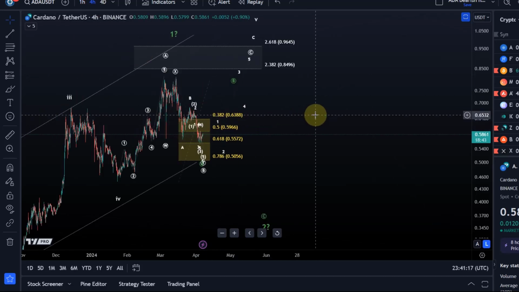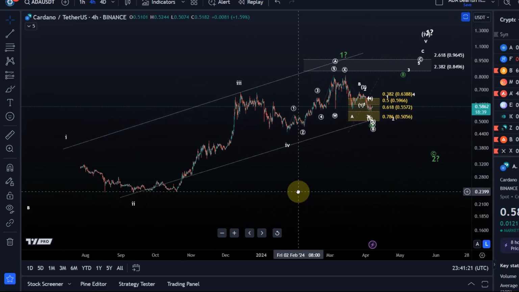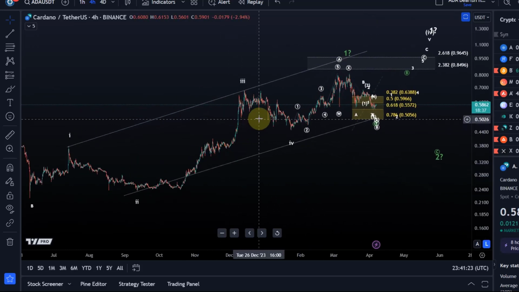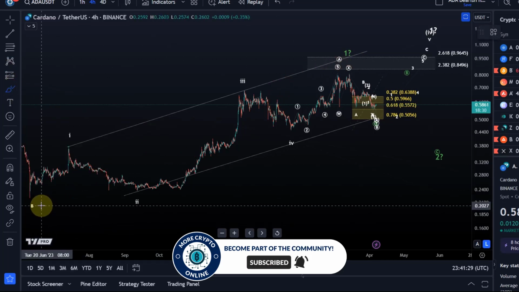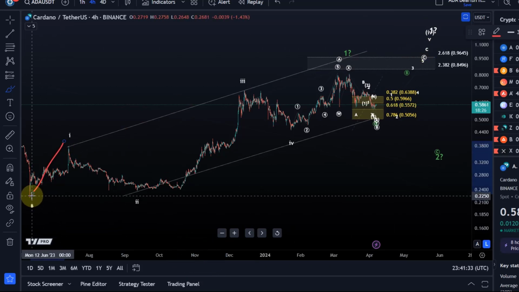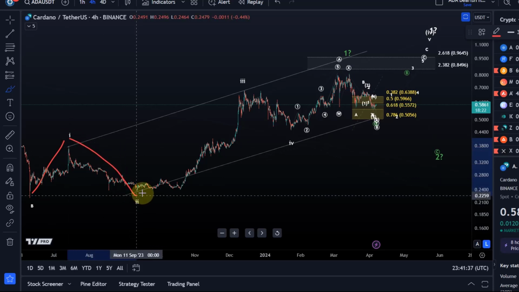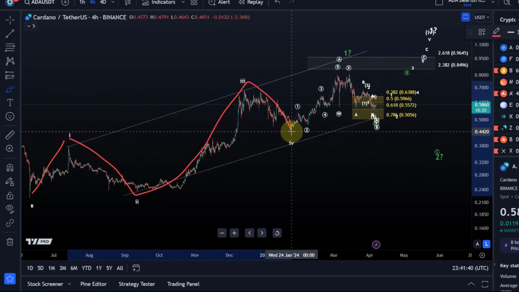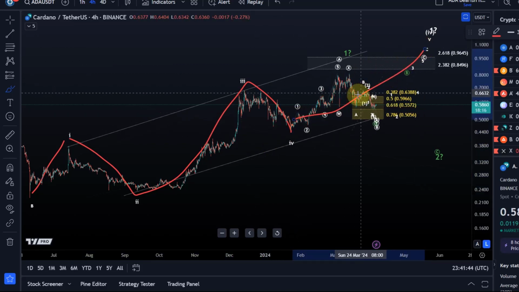And if we zoom out a little bit, before actually taking a look at the microstructures, this is still an unchanged scenario. In the white count, we're looking at a diagonal pattern to the upside, wave 1 being the June low last year. Wave 1 to the upside, wave 2 to the downside, wave 3 to the upside, wave 4 to the downside, and wave 5 should still be unfolding, ideally.